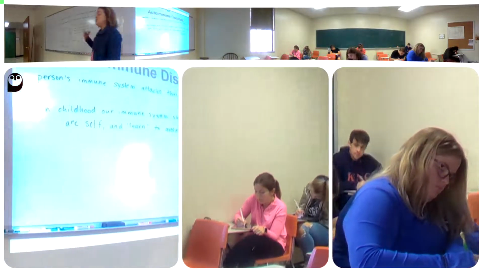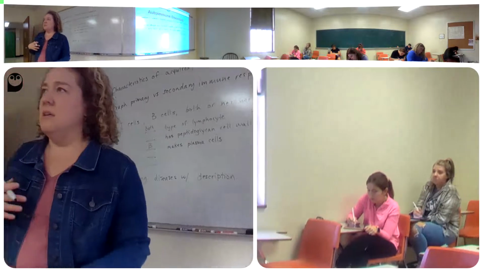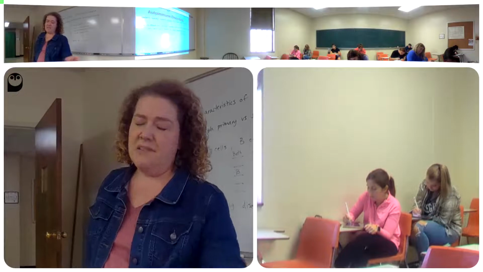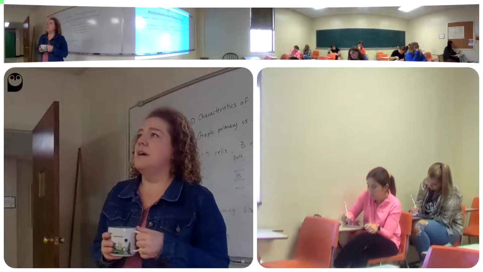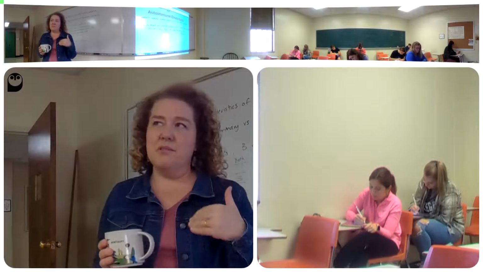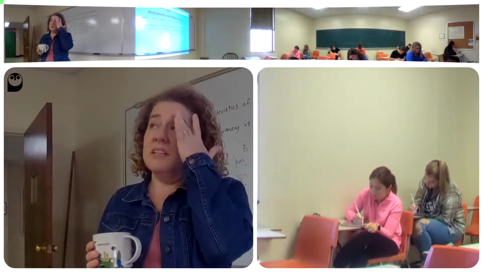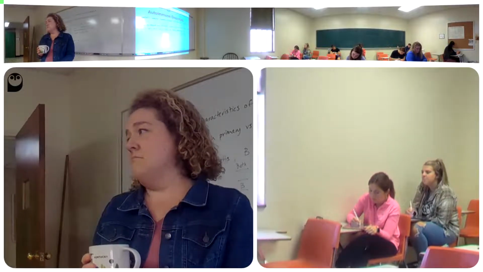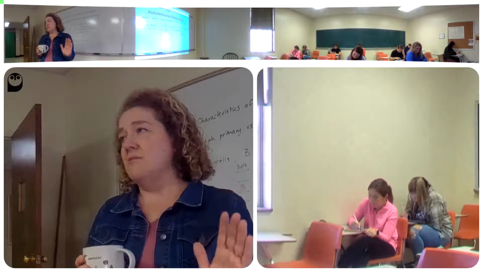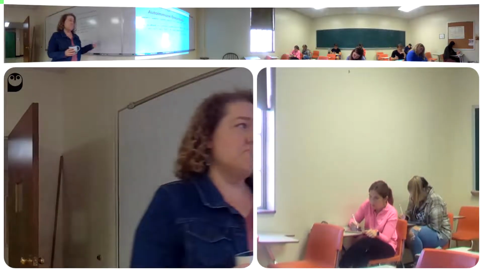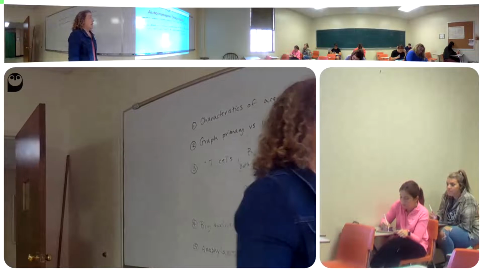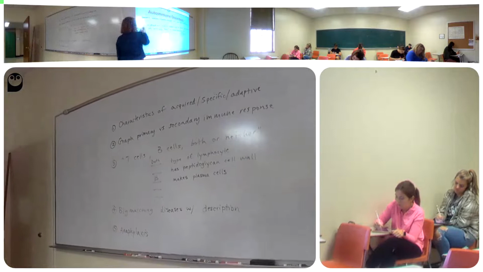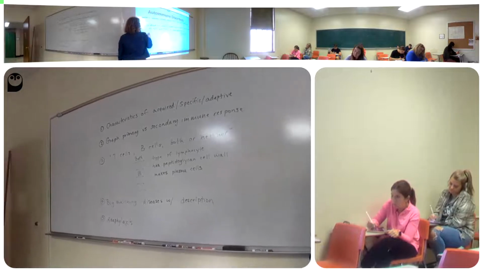So the reason that you don't attack your own shapes is that your immune system, up until you're about 8 years old, is kind of in a training mode to learn, oh, okay, that's actually a part of my own body, and we should not be attacking it. So we develop tolerance mostly when we're young, and then a little bit throughout life. Autoimmune disorders happen because we have lost tolerance in some way.